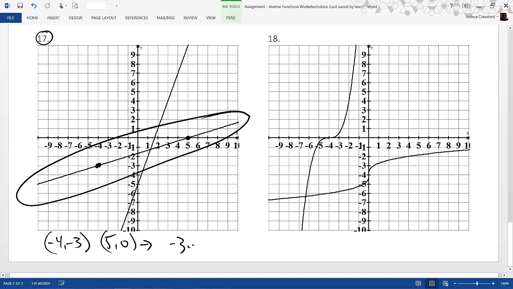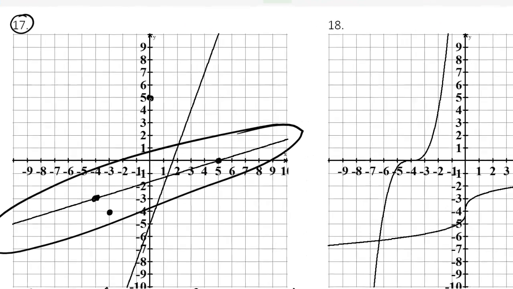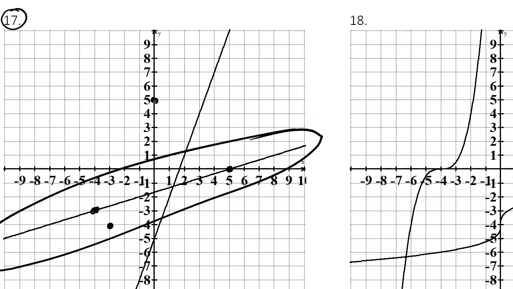We'll have -3, -4 and 0, 5. So plot those. -3, -4 is right here, and 0, 5 is right here. Are those 2 points on the given line? No, they're not, so these are not inverses of each other.